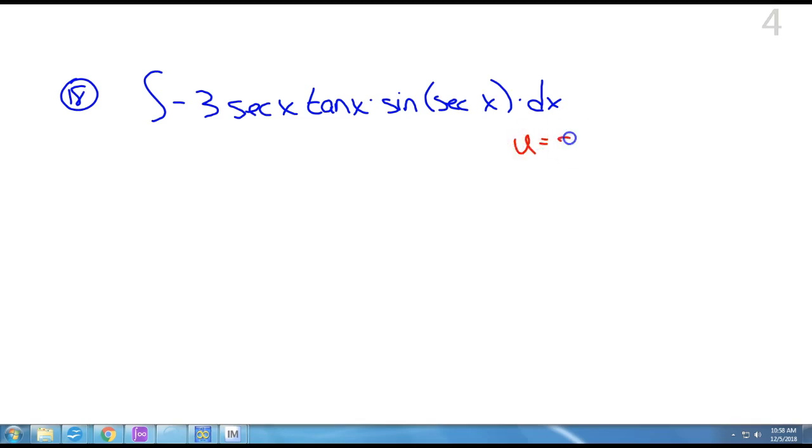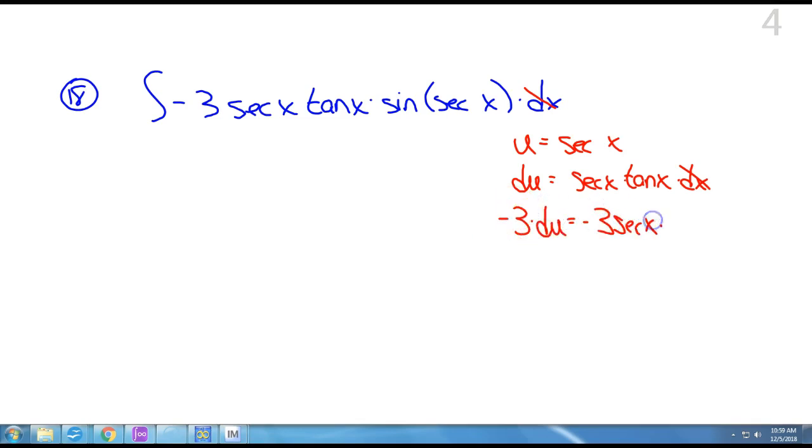Secant. du would be secant x tan x times dx, but you don't really need to worry about that part because the dx are just going to match every time. And then we're flip-flopping what we match. So now I want this to equal this. So what do I have to multiply this entire equation by? -3. So it'll be -3 times du equals -3 times sec x tan x.